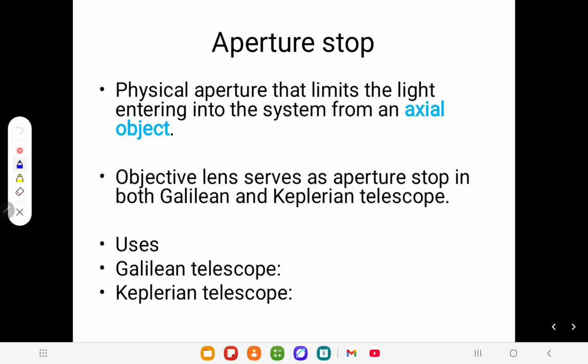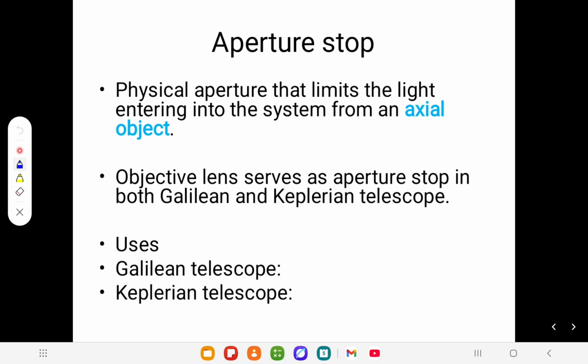So let's come to another very important topic, that's the aperture stop, and then we'll again discuss the entrance pupil and exit pupil. There are a lot of students, even fourth year students, who don't know about the entrance pupil and exit pupil. I don't know why, but there are a lot of people who don't understand them, and they don't understand why it really affects the quality of the image.